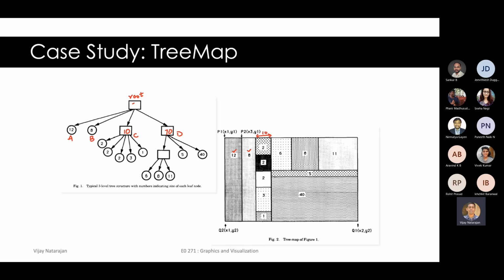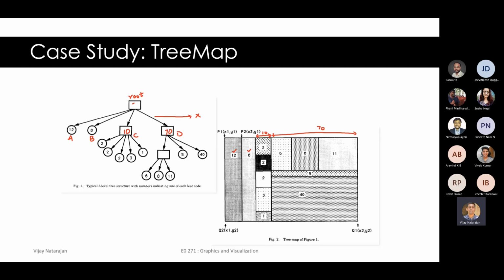And then the fourth one gets D, which gets 70. Right? So you can see how the rectangle is partitioned based on the weight of the children. So that's the idea essentially, right? So this is partition with respect to the x-axis, right?